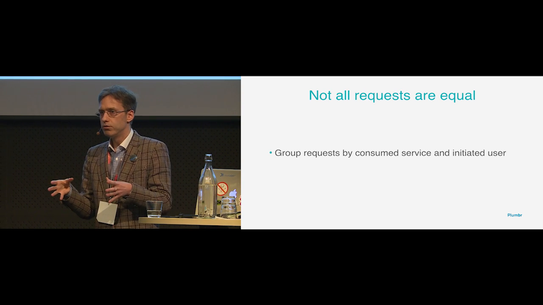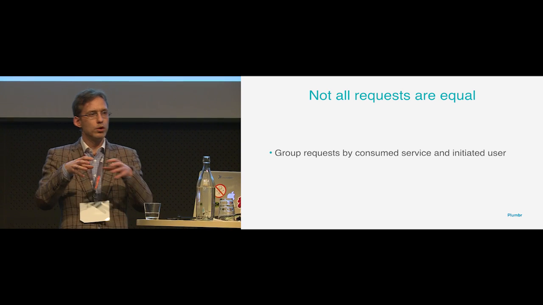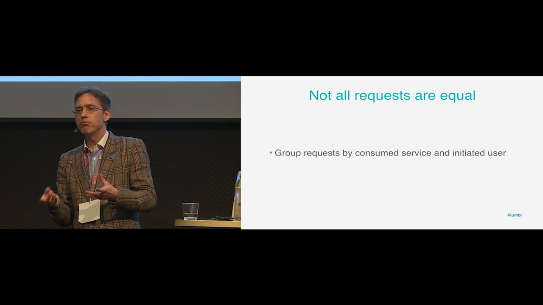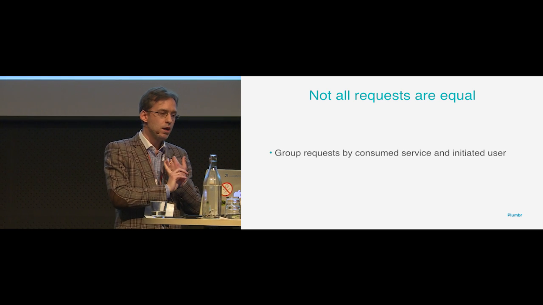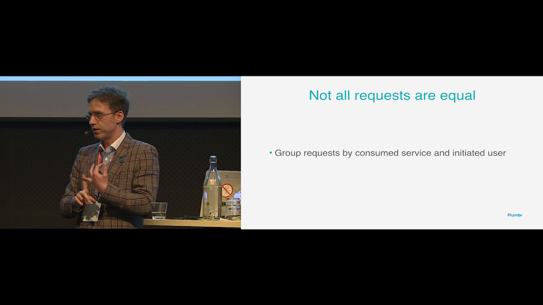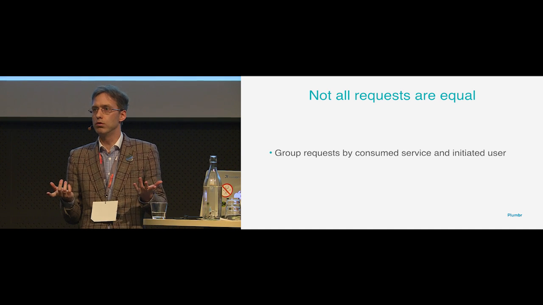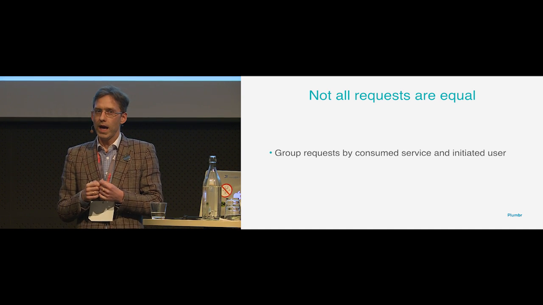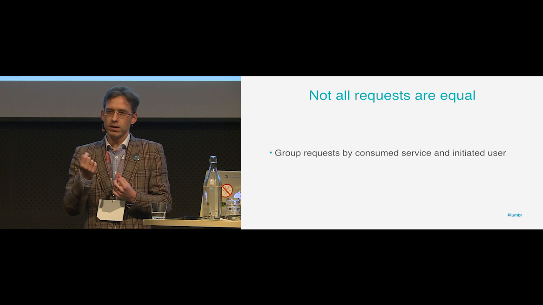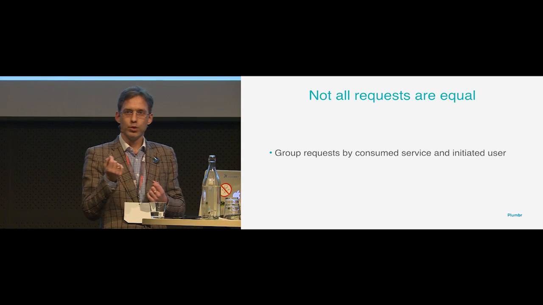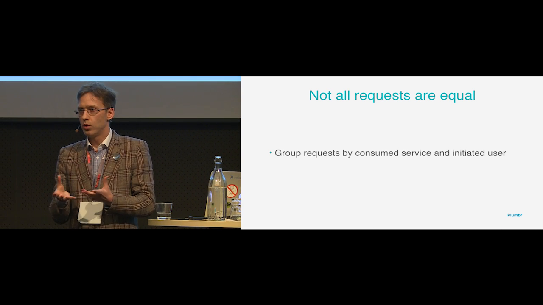You can even make one step further. If you group all those requests or you group all those problems, interactions, you group them by consumed services or by users or user groups, then you have even better way to describe to your manager what's going on in your application.